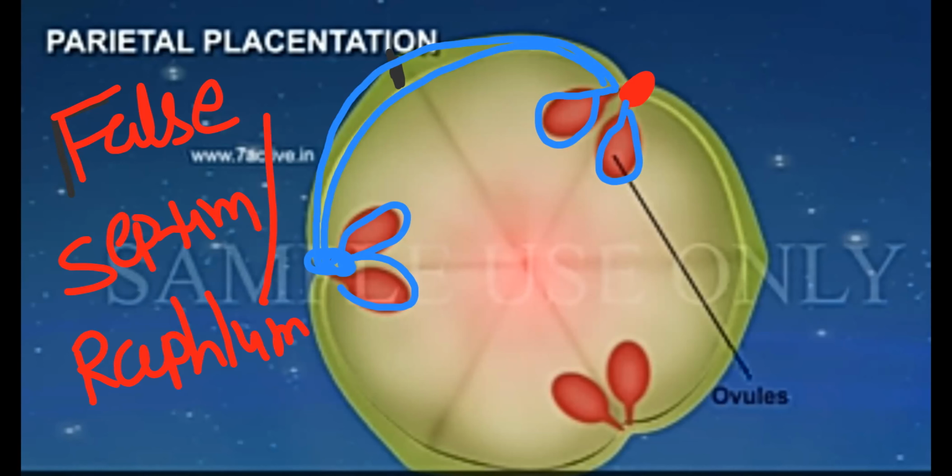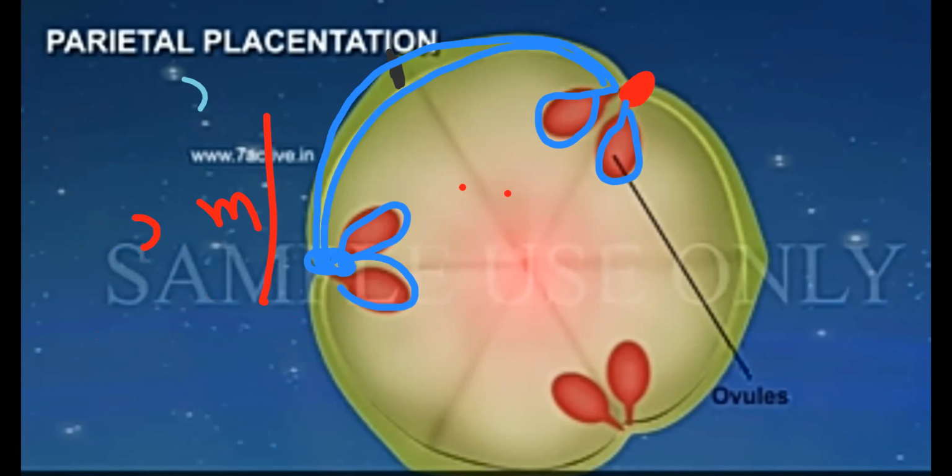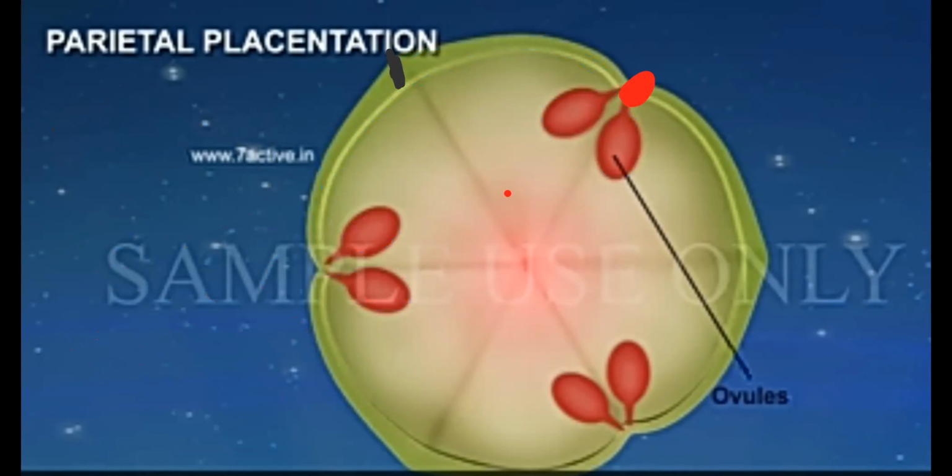Now, can you tell me in this how many locules are present? Tell me, how many chambers do you see in this diagram? Yes, Galav, correct. Only one chamber is there.